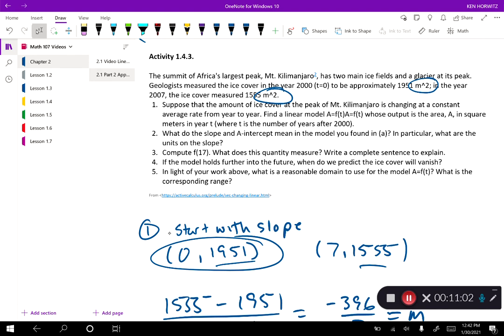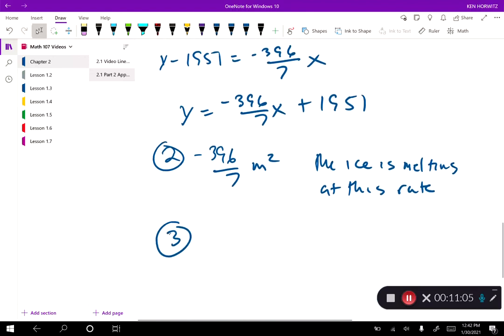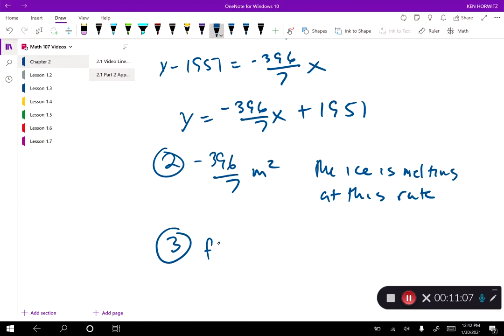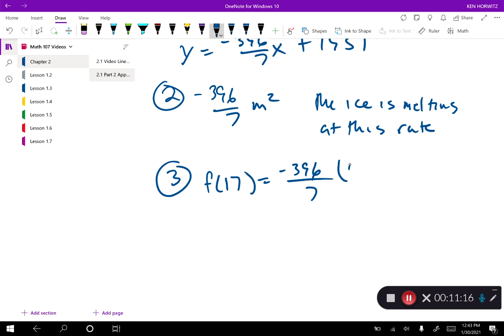All right, so if we want f of 17, negative 396 divided by 7 times 17 plus 1951. So why don't you at this point pause the video and do some of these calculations. You may need a calculator just to finish it off and get a decimal approximation. But let's talk about the answer on the back end.